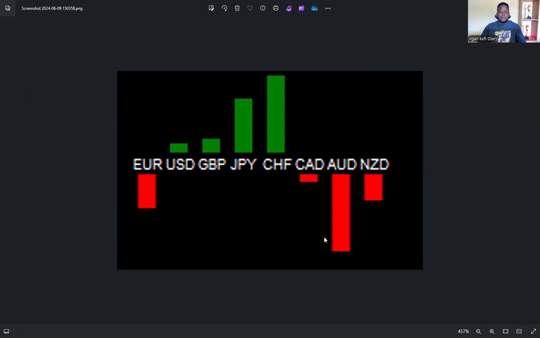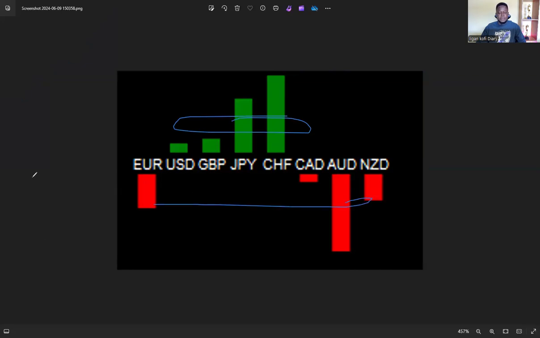So this one is here. And this week, by looking at what we are seeing here, the green ones show the strongest, the red ones show the weakest.